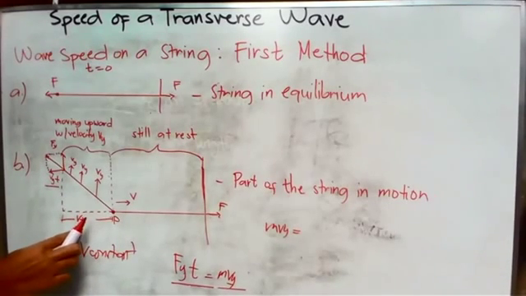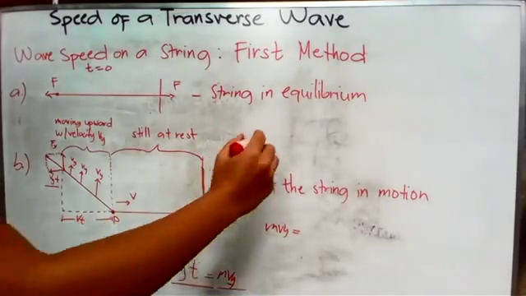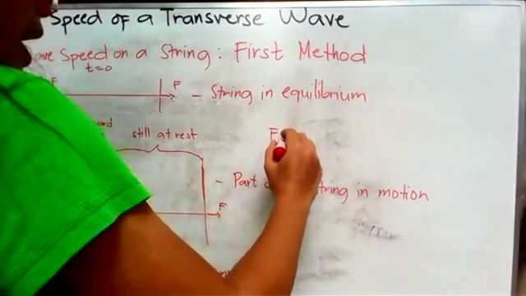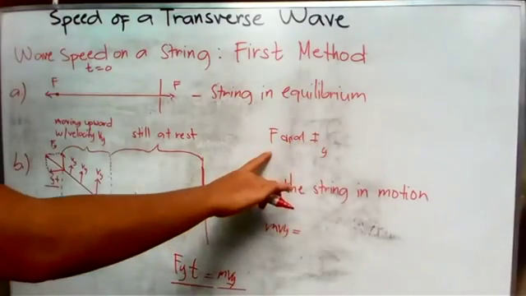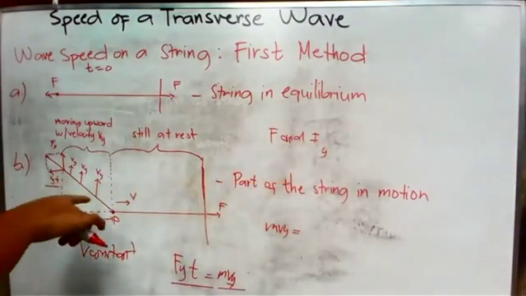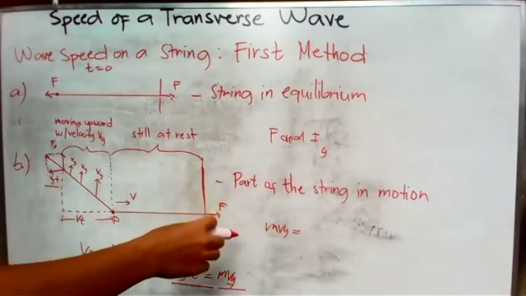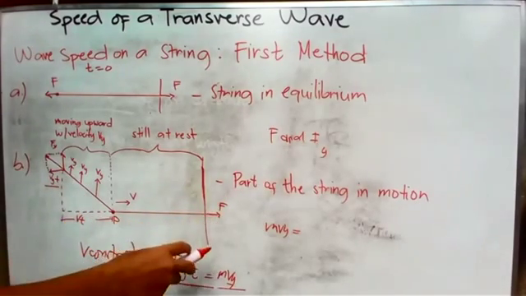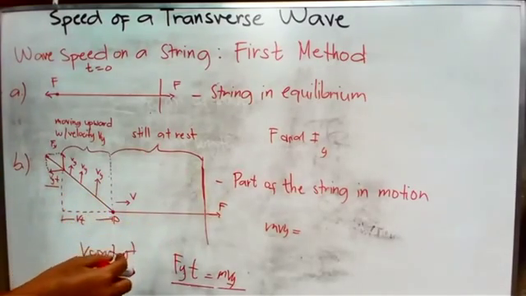So, the total force at the left end of the string has components F and Fy. F, because there is no motion in the direction along the length. There is no unbalanced horizontal force. Therefore, F is the magnitude of the horizontal component.